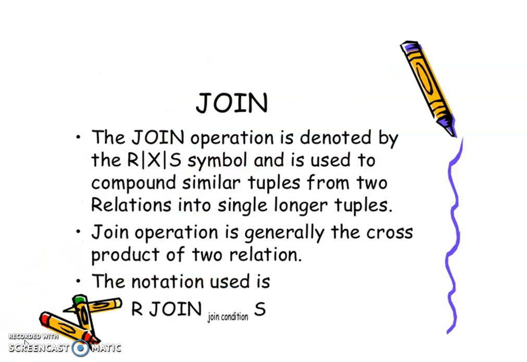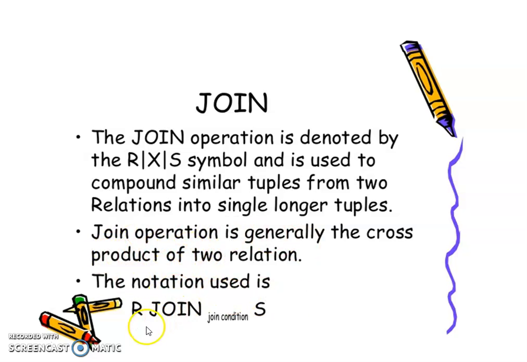Next one is join. Join is used to combine related tuples from multiple relations. Here is the symbol of the join operator, and it is used to combine similar tuples from two relations into single longer tuples. Join operation is generally the cross product of two relations.